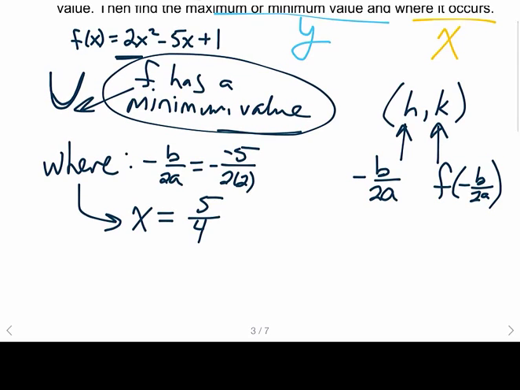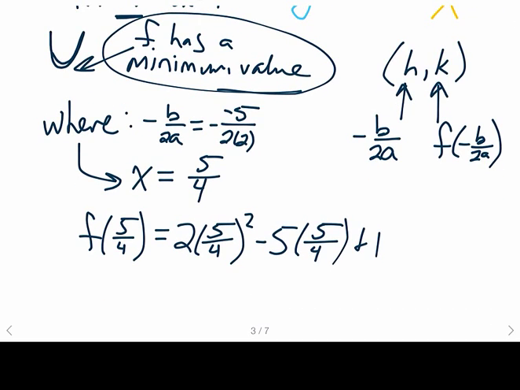As for what the minimum value is, we need f of 5/4, and evaluating this function at x equals 5/4 will give us, by substituting and simplifying, negative 2.125, or if you like, negative 17/8, or negative 2 1/8.